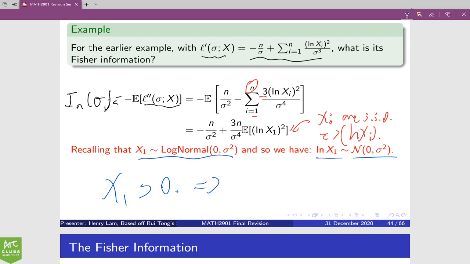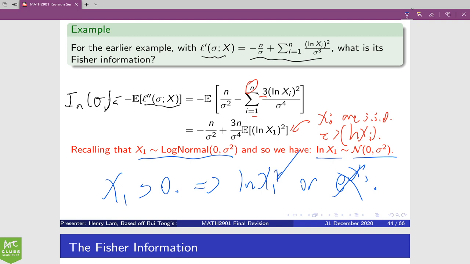You want to convert it to a normal, right? The only way to make it normal is to make it go over the whole real line. So you can either log it or exponentiate it, right? Exponential is strictly positive, so this can't be it. And so log must be the transformation you need. That's the way I remember it.